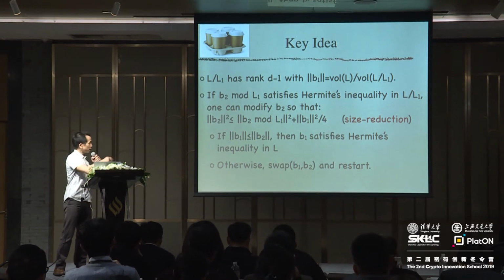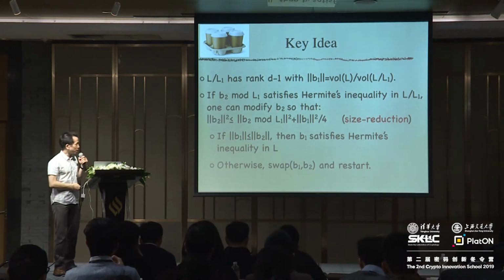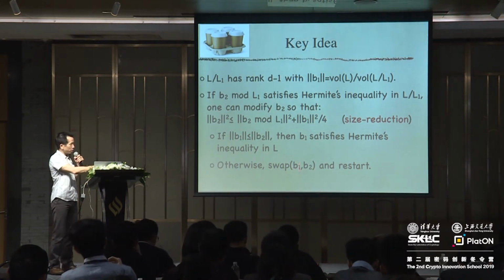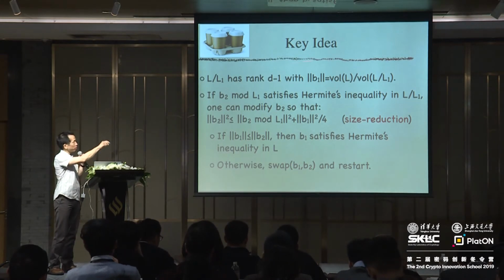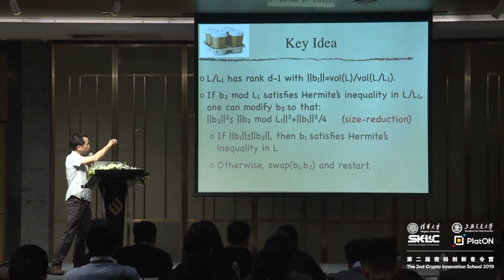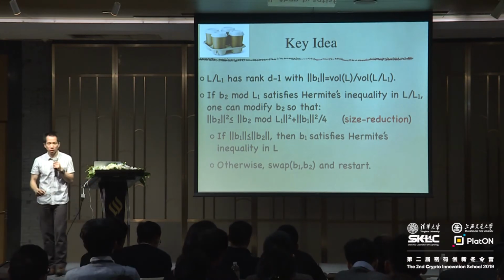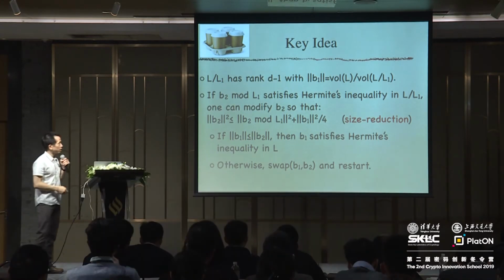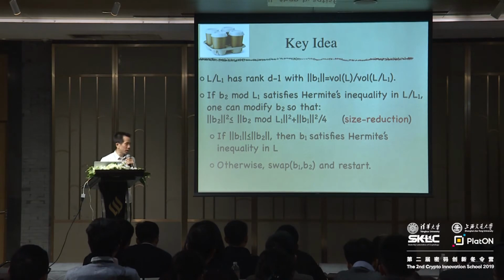And if it's not the case, if B1 is worse than B2, then you do a very simple thing. You just swap B1 and B2, and we do the same thing, which is reduce L modulo L1 with the new L and B1, and do the same thing. So that's it. That's how you show the existence of a vector satisfying Hermite's inequality by induction.